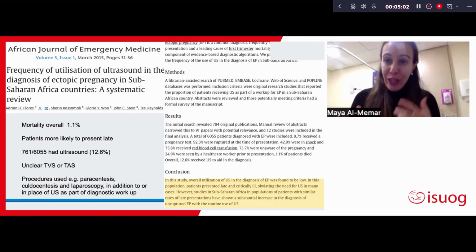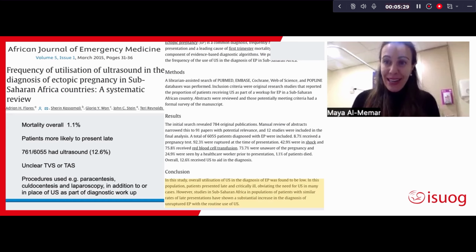Interestingly, the more you look at the data in these types of clinical settings, you find that the overall mortality is as high as 1.1% in this systematic review of the diagnosis of ectopic pregnancy in sub-Saharan African countries. Unfortunately, patients are more likely to present late, and so ultrasound often cannot be applied in these situations.